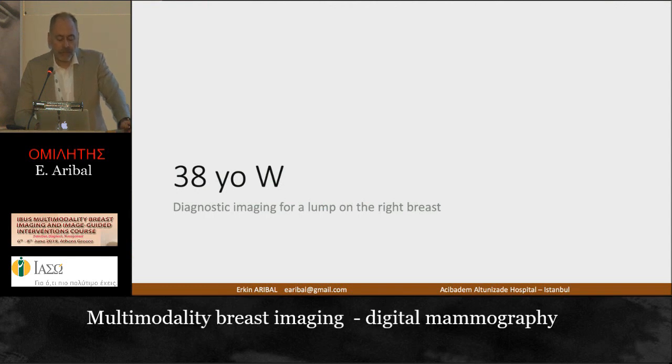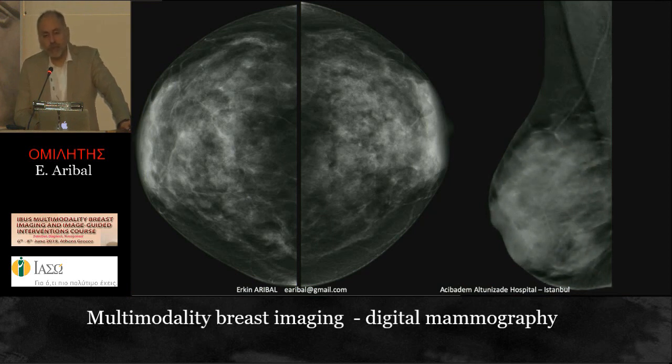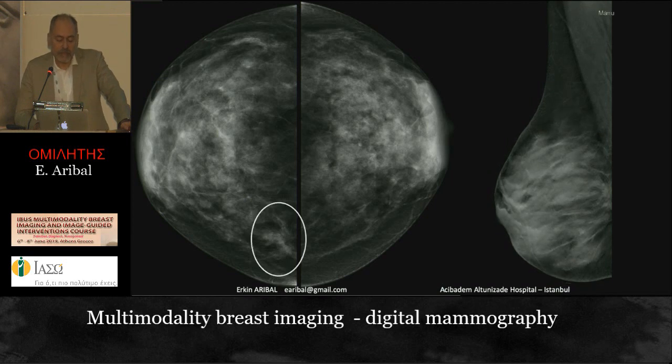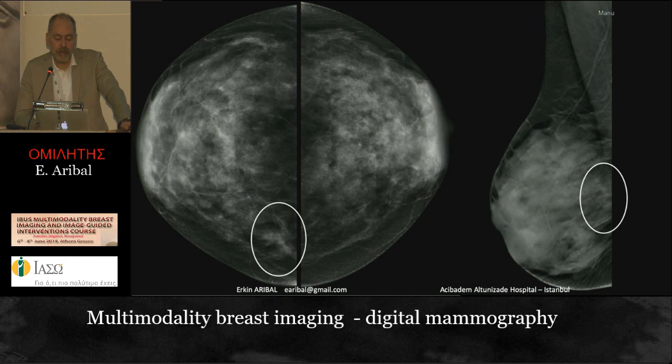A 38-year-old woman, diagnostic imaging for a lump on the right breast. In diagnostic imaging also, we use tomosynthesis all the time, particularly for these cases with denser breast. And here on the right breast, you can easily see a lesion, and on the tomosynthesis you can see the spiculated mass now coming.